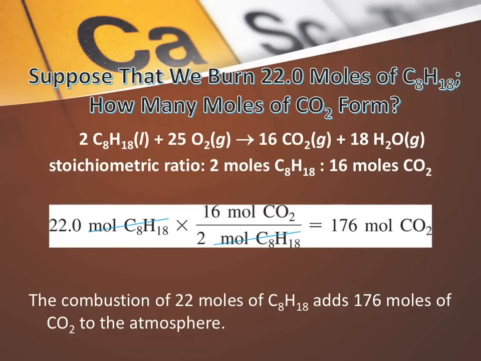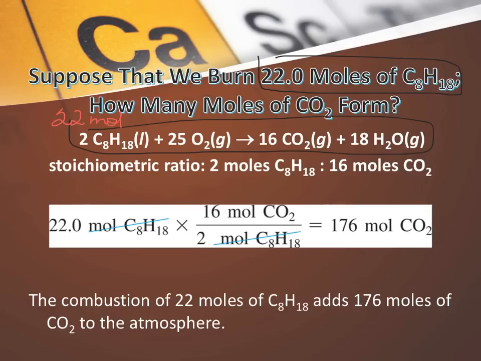Here is a very basic stoichiometry problem, using the same reaction we've been talking about, the combustion of octane. This question says, if we start with 22 moles of octane, and I've gotten in the habit of writing the amounts on the balanced chemical reaction because it helps me visualize, how many moles of carbon dioxide can be formed?